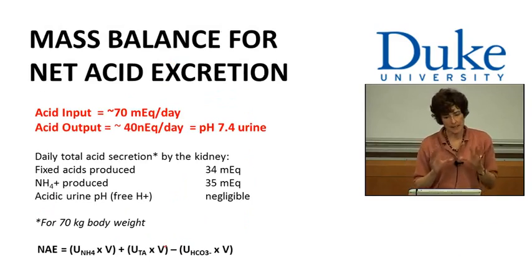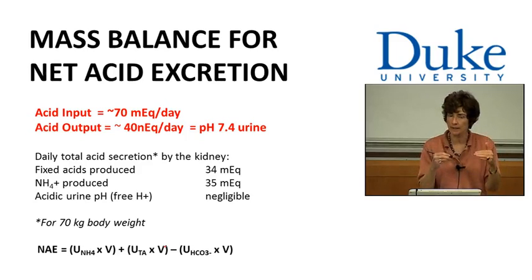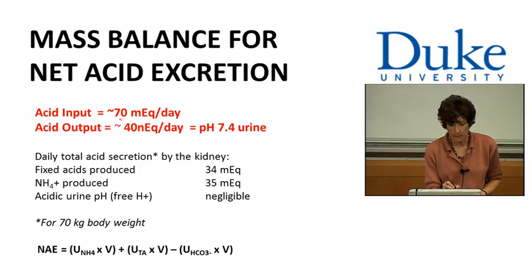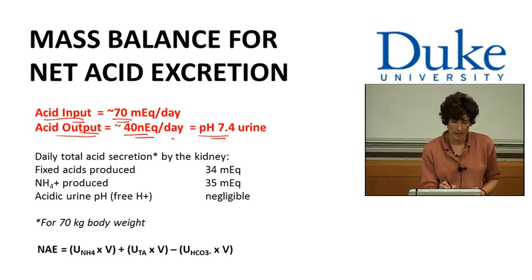So for mass balance then, what we want to do is to balance the amount of acid input to the amount of acid output. And as we said the last time we were in here, the acid input for a 70 kilogram individual is about 70 milliequivalents per day. And this is from diet and from metabolism. Our acid output, however, free protons, at a pH of about 7.4, is 40 nanoequivalents per day.